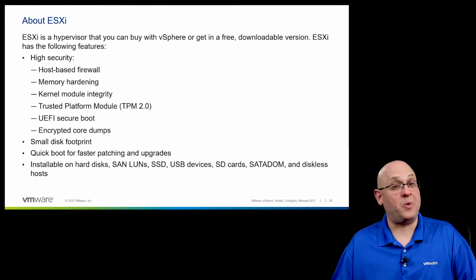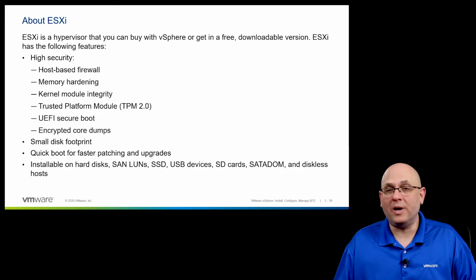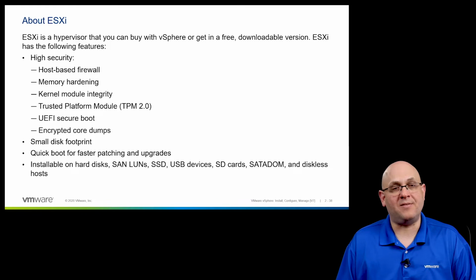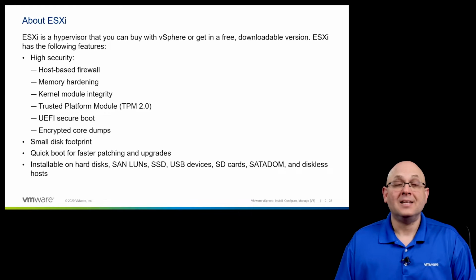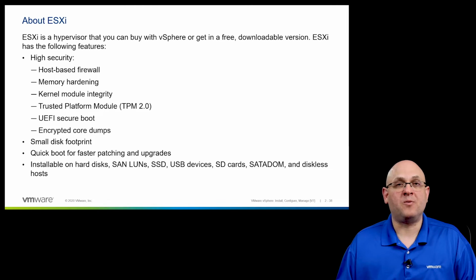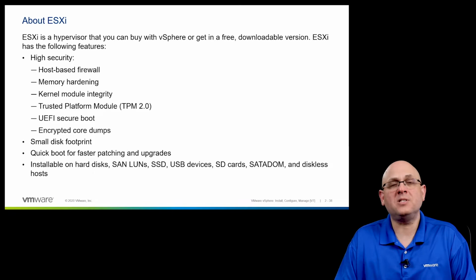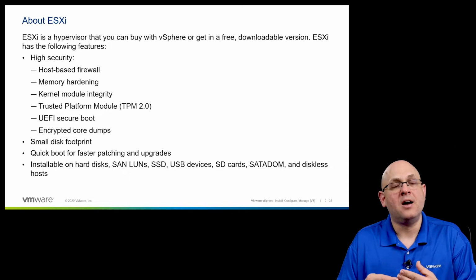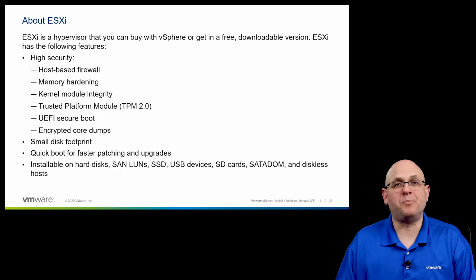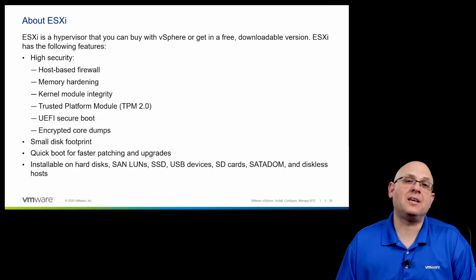But then there's the version that we all get, which is the fully licensed version, that has a number of really great features. First of all, I want to talk about some of the security features around ESXi. To date, there has been no known malware developed for ESXi, and there are a number of reasons for this. The first thing is that we have a host-based firewall that is enabled by default, and that prevents external access to ESXi except through vCenter Server.